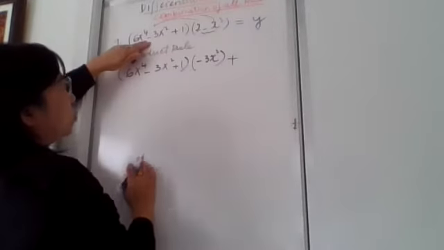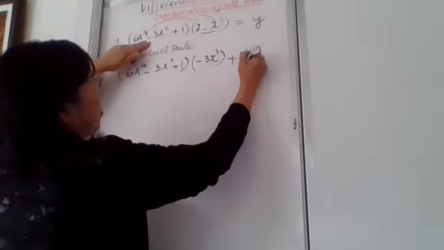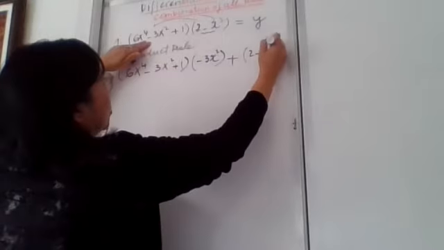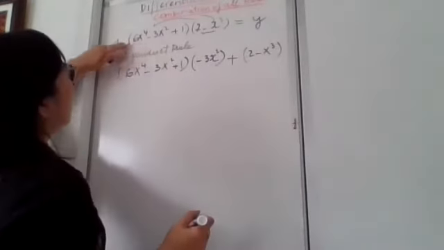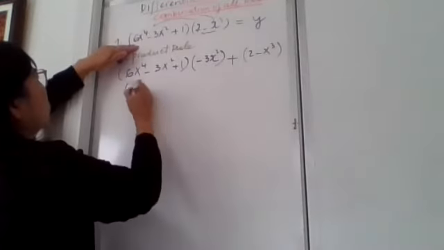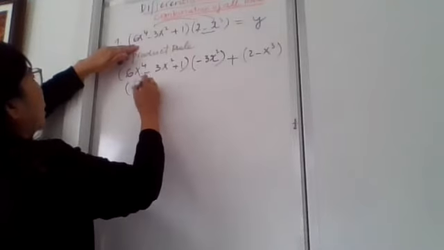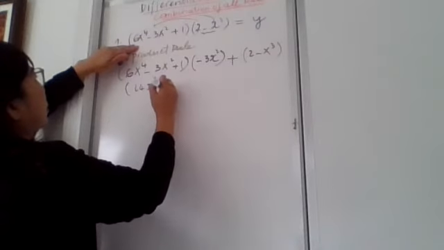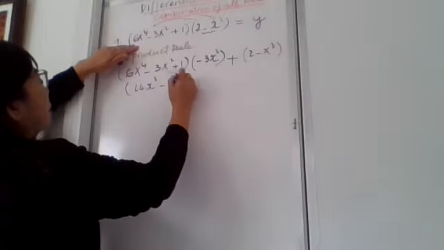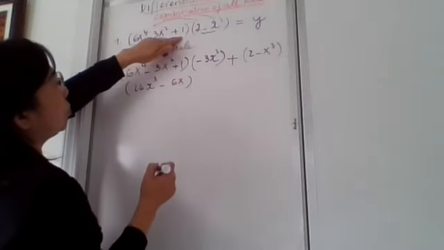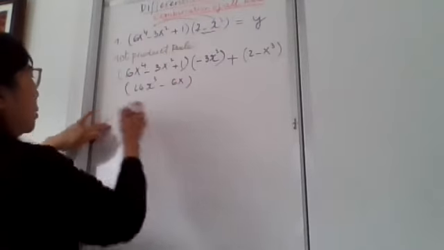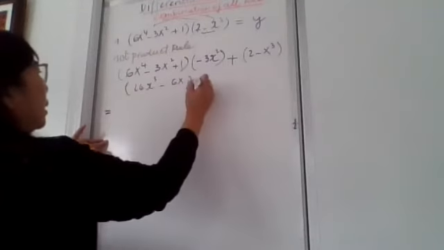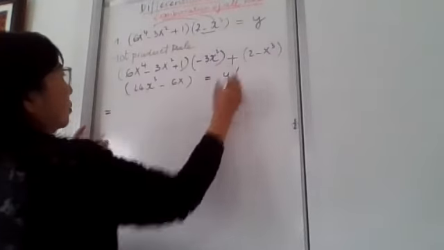We already kept the first one, now we keep the second one the same, 2 minus x to the power 3, nothing changes. Now the derivative of this one will be 24x to the power 3 minus 6x plus 0, but we don't have to put 0. And this is the derivative function, right?